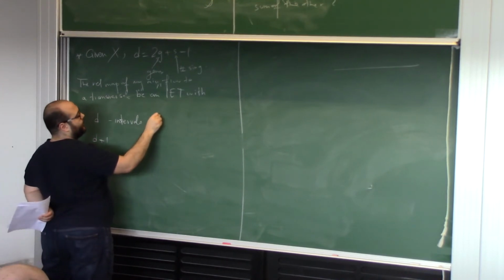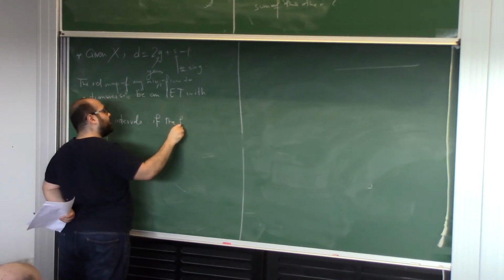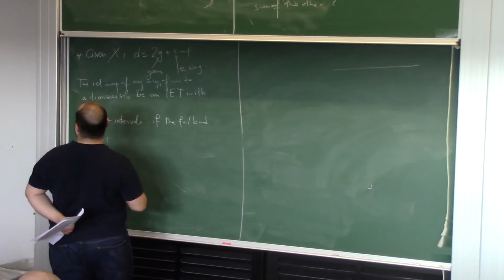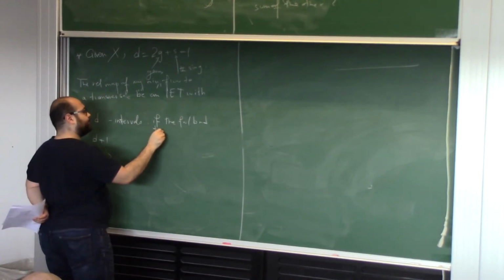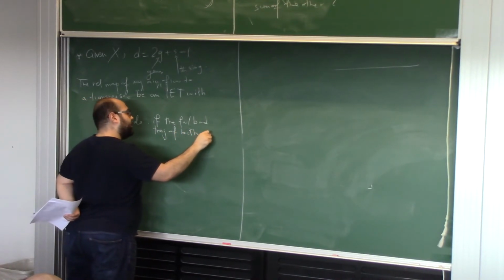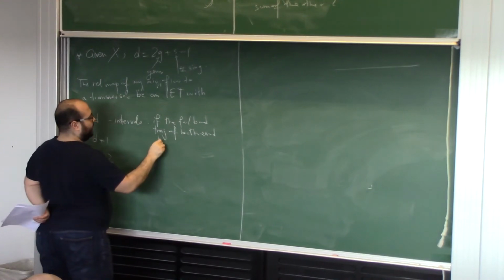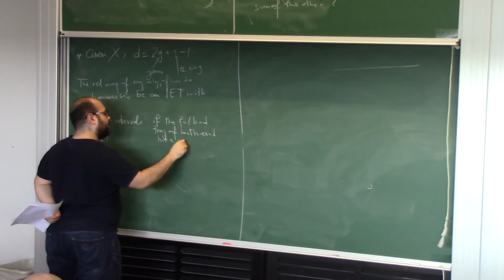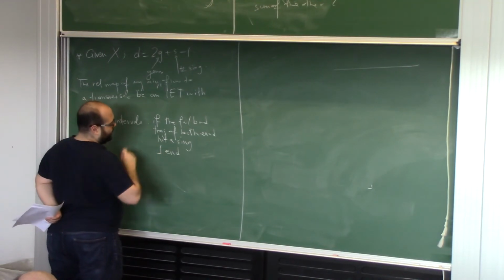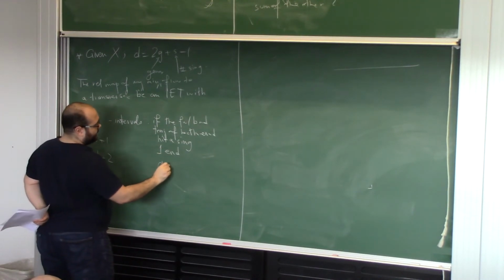If the forward or backwards flow trajectory, both ends of the segment hit a singularity, then it is just d plus 1 if only one end hits a singularity, and it's d plus 2 if no ends do.